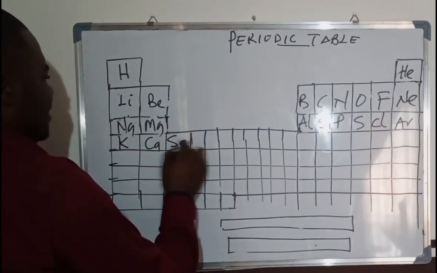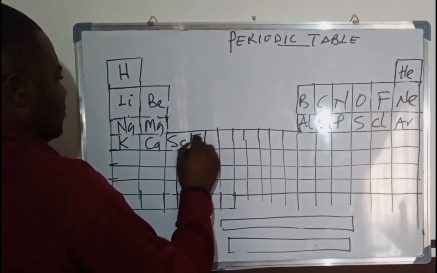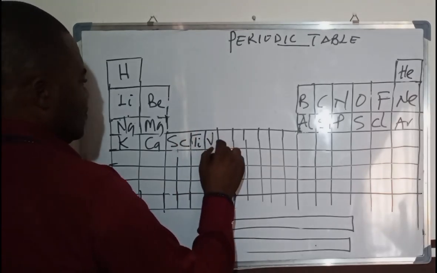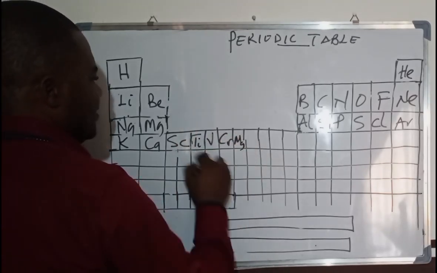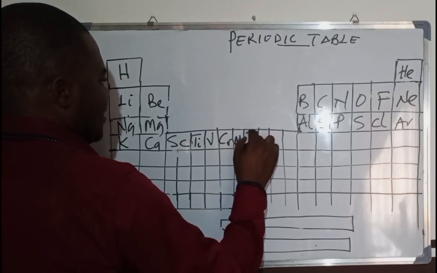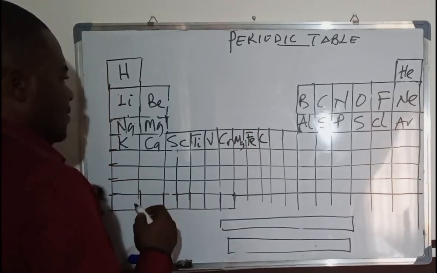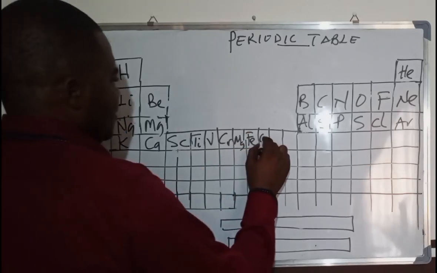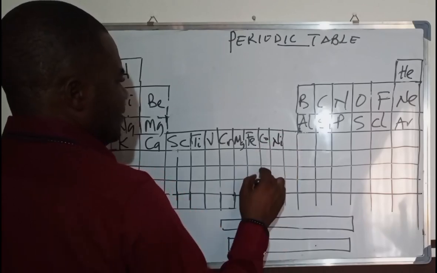Here we have scandium, titanium, vanadium, chromium, manganese. Okay, so we have iron, we have cobalt, we have nickel.